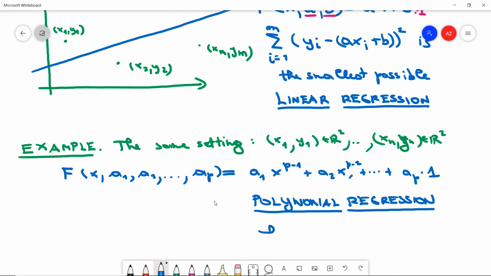Phi1 of x is here x to the power of p minus 1, and phi2 of x is x to the power of p minus 2, and so on. Phi p of x is 1.